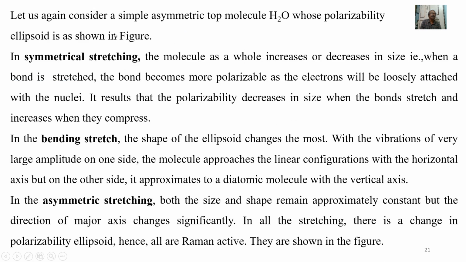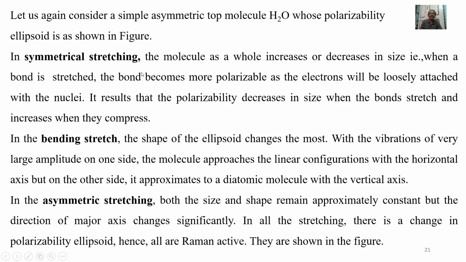Let us consider another example, a simple asymmetric top molecule H2O, whose polarizability ellipsoid is as shown in the figure. In the H2O molecule we have three types of vibration. The first one is symmetrical stretching, another one is bending, and the third one is asymmetric stretching. In symmetrical stretching, the molecule as a whole increases or decreases in size.